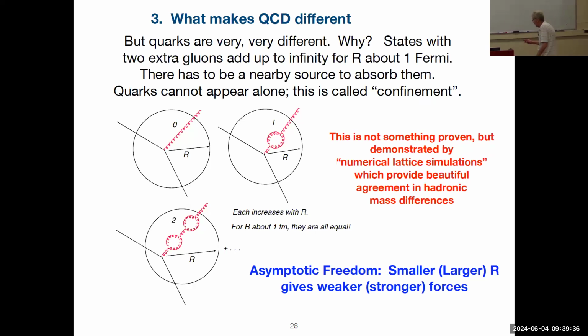And so this is essentially the flip side of the famous property of QCD of asymptotic freedom. For smaller R, so therefore higher and higher cutoff, we get weaker forces because g_s will decrease as we go higher and higher. But for larger R, which means taking the lower limit lower and lower, we get stronger forces.